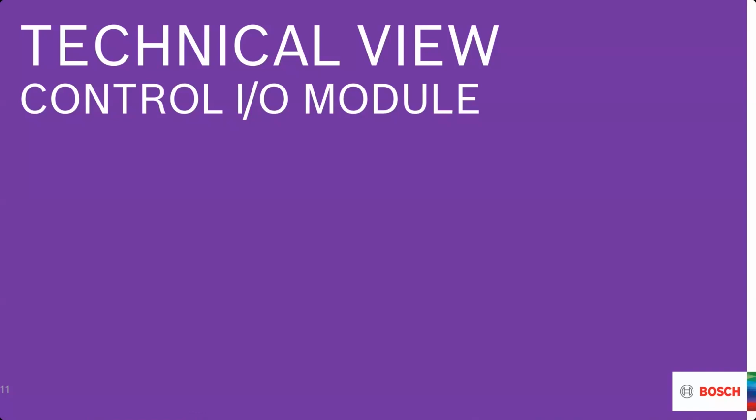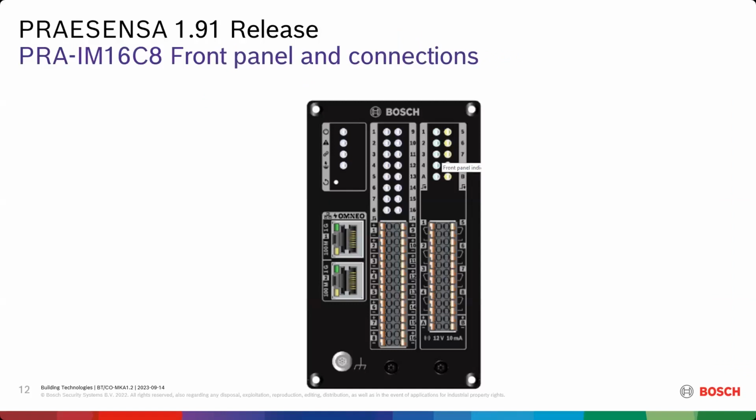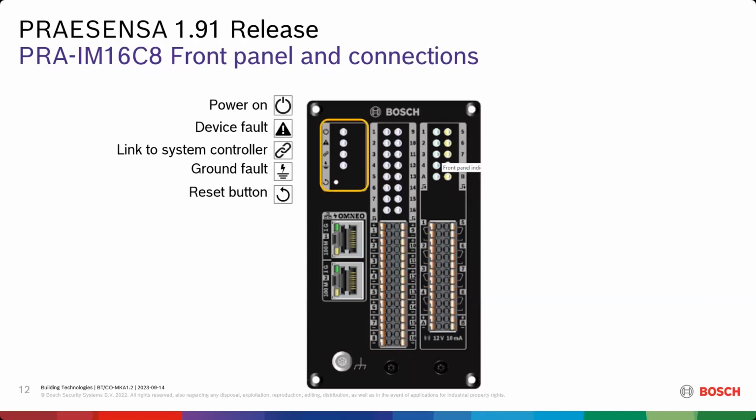Okay, thank you, Maarten, for this good introduction. Let me indeed go a little bit more into the technical view, especially on the Control I/O module. For the Control I/O module, you have here the front panel shown, where at the upper left side you see the indicators for power on, for if there is a fault in the device, if there is a link to the system controller or not, if there's a ground fault, and there is a reset button.